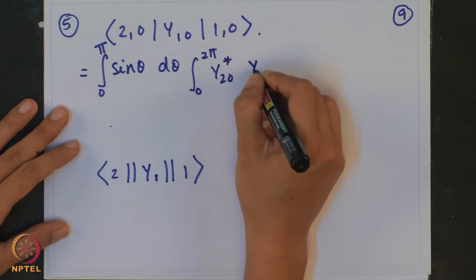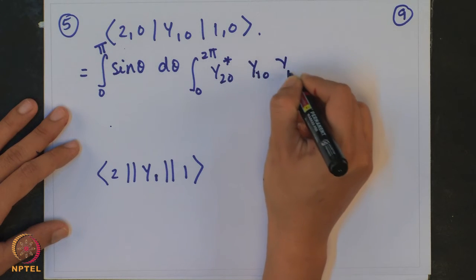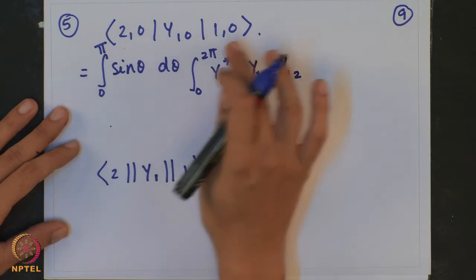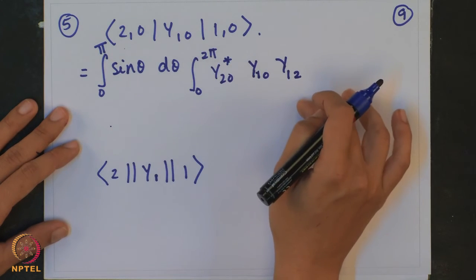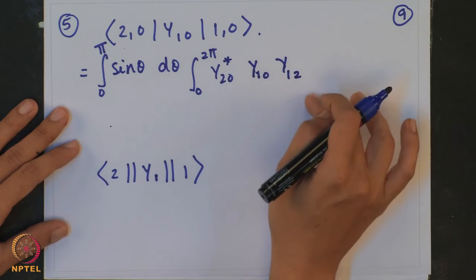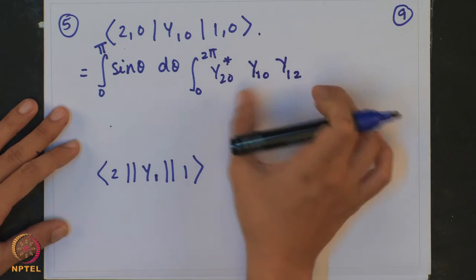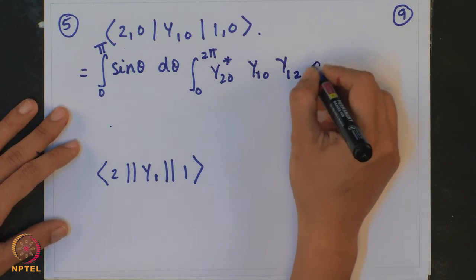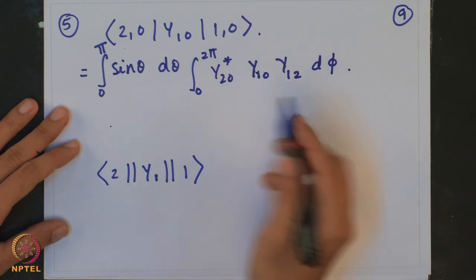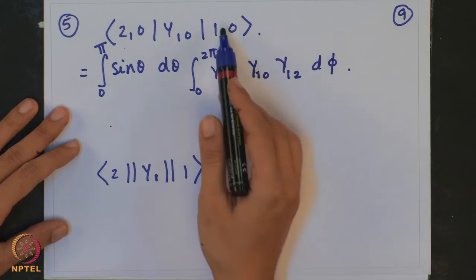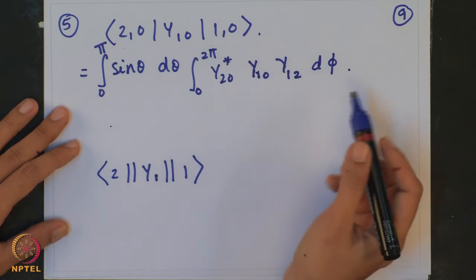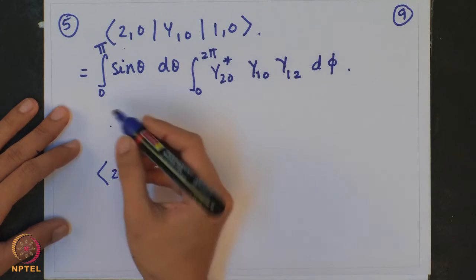So, this problem actually we have put to give you the flavor that you can write these kets in terms of the spherical harmonics. So, the spherical harmonics and these states, how they are related, that you can see here.